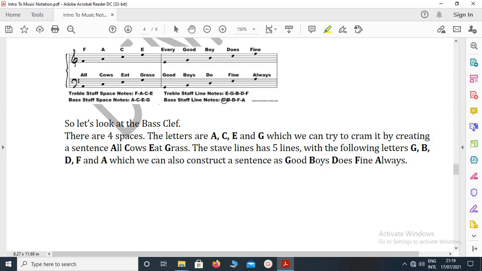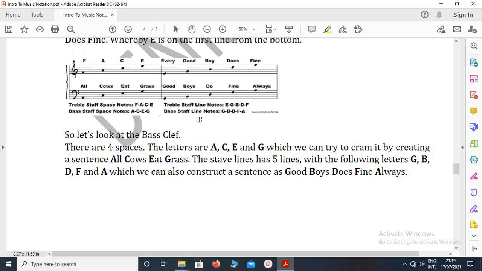Whereas the lines are 5 and these are 5 letters. We use G, B, D, F, A, and we use a sentence to define it, and the sentence is good boys do fine always. That is what we use for abbreviating that.